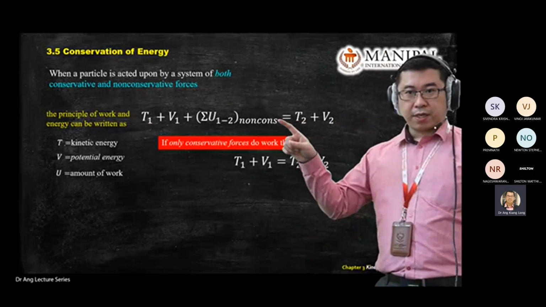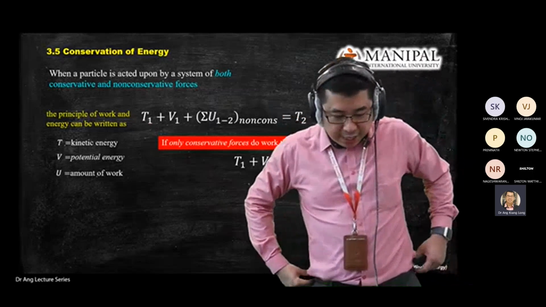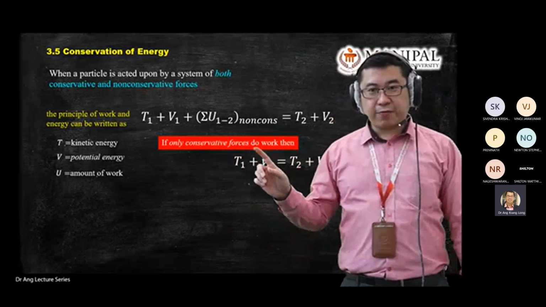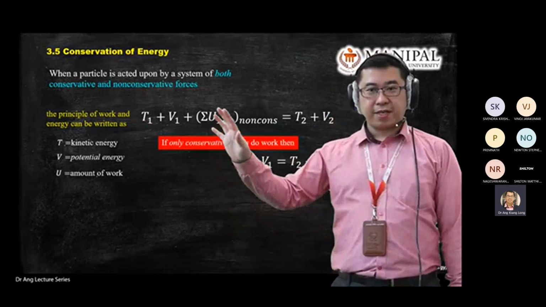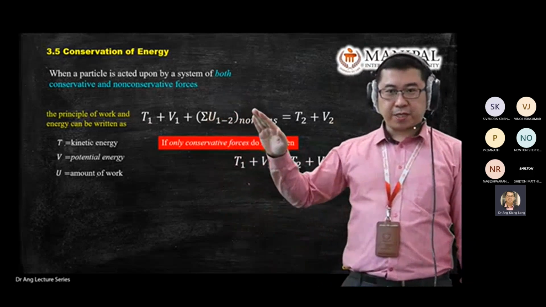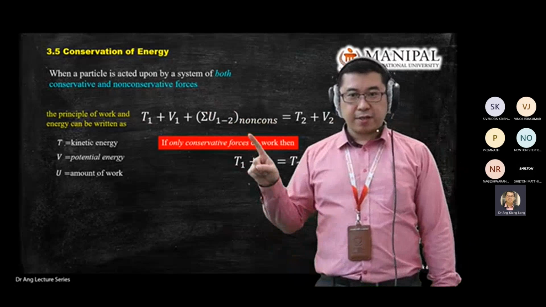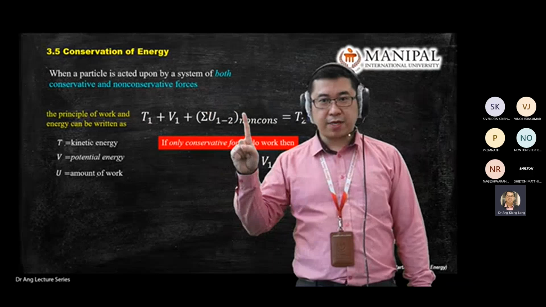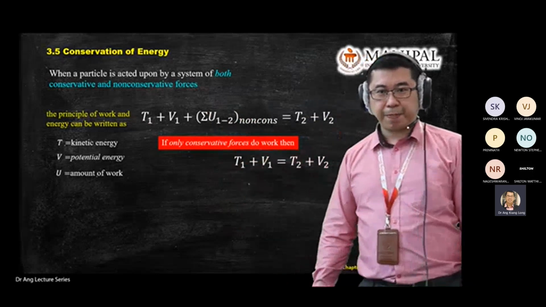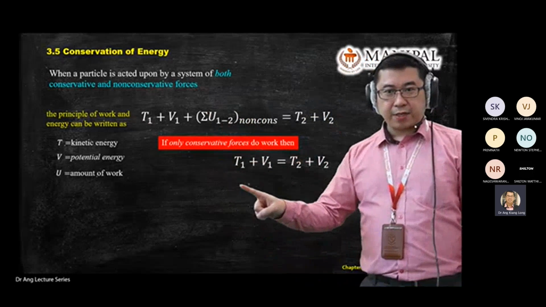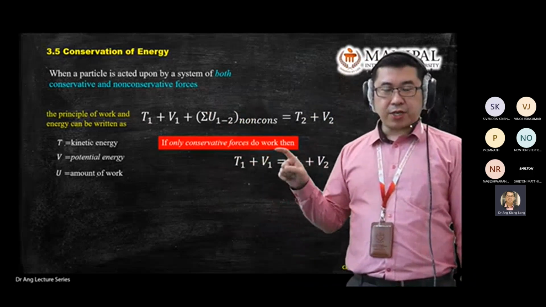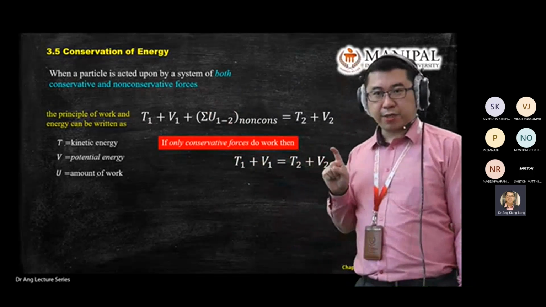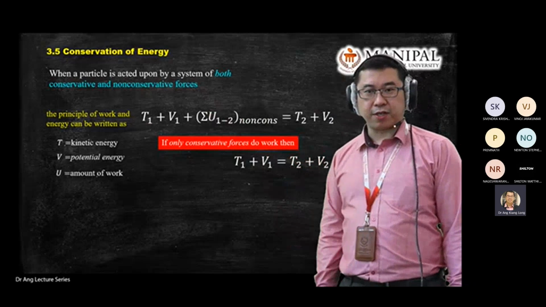So if one of the questions states to only consider conservative work done in the system, then you can remove this piece from the equation, because if you only consider conservative force, you can take out this one. Then you have kinetic energy plus potential energy before the incident equal to kinetic energy plus potential energy after the incident.